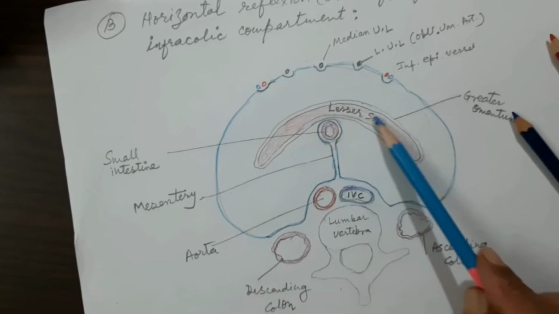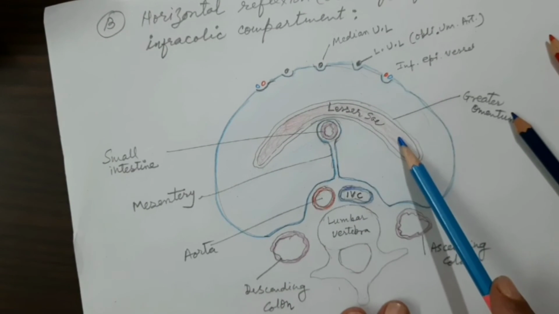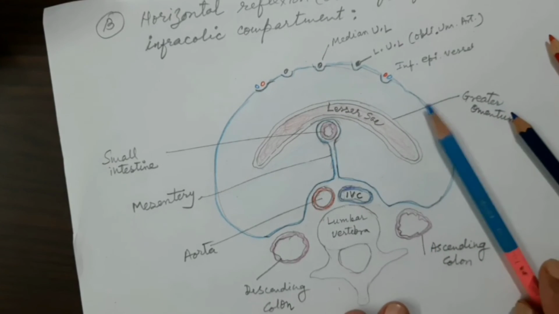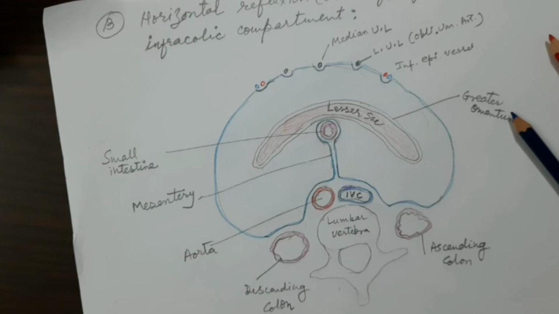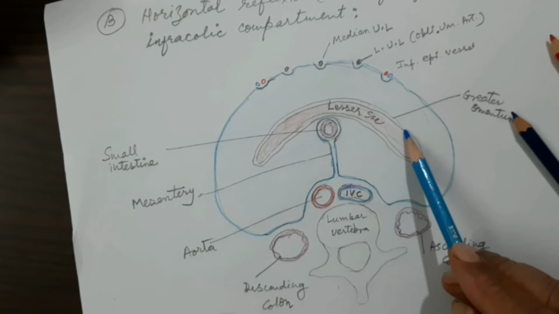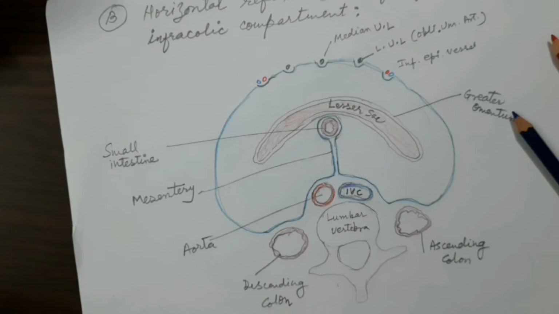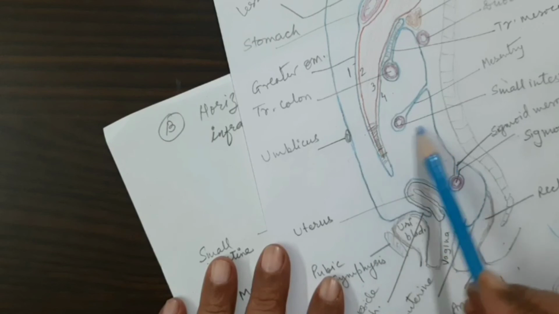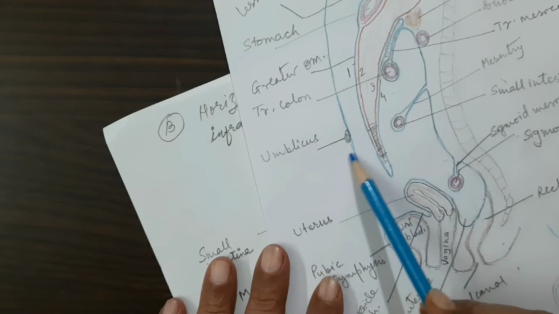But then there is a structure here which I have shaded with the red color and given the name the lesser sac. And the lesser sac is enclosed within the greater omentum. Let us see this diagram, okay, for explanation. Now suppose this diagram below the umbilicus was passing like this.